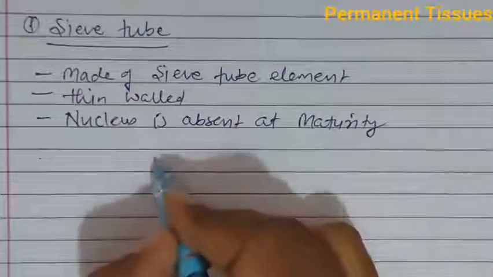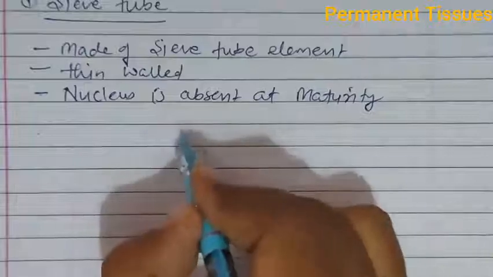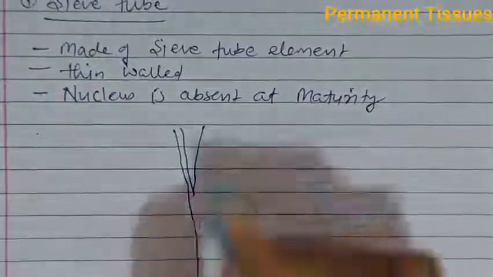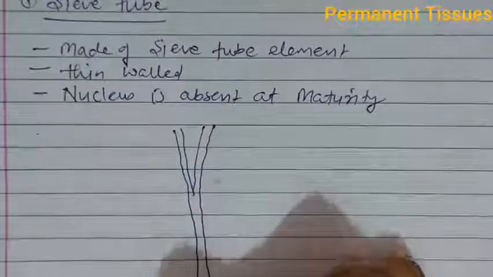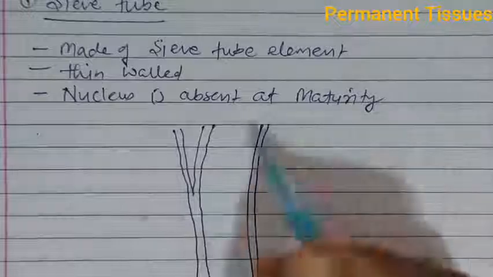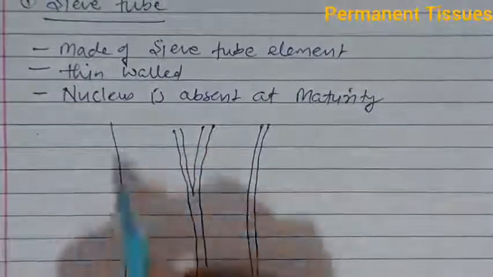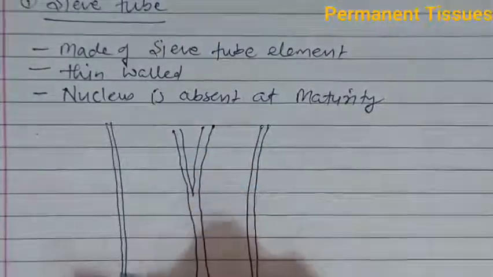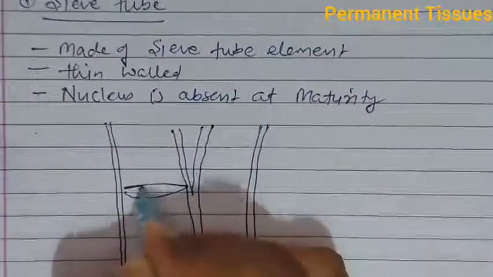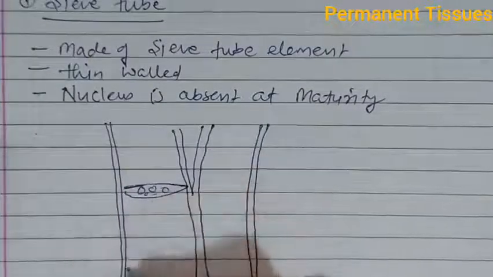So when we draw the structure of this sieve tube, it occurs somewhat like this, and here they have sieve plates.